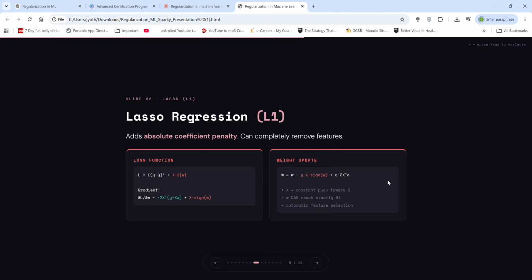Here, because lambda is in the numerator term, theta can become 0. After differentiation of this value, we get theta is equal to lambda minus 2xy divided by 2x square.